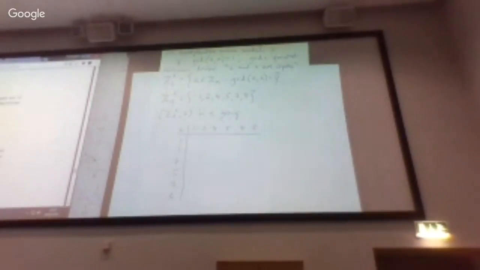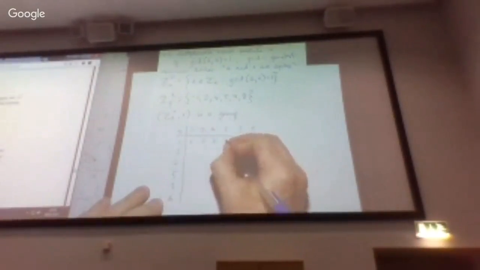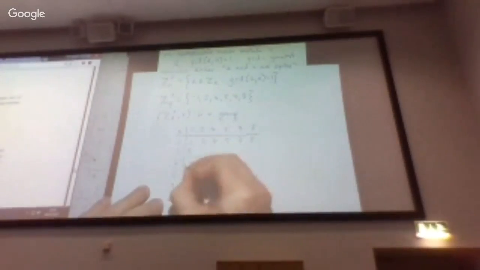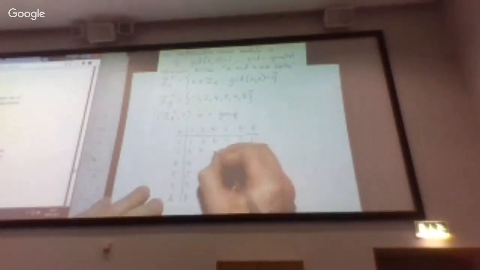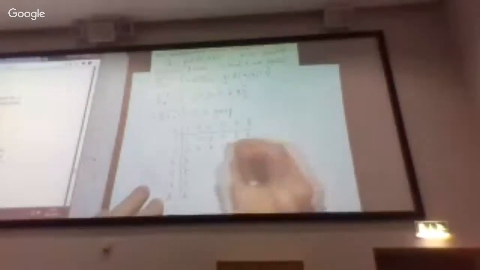You're multiplying together the two numbers, and if it's a large number, you're looking at the remainder after division by 9. Multiplying by 1 is easy, it doesn't change anything. Multiplying by 2 is relatively easy. 2 times 5 is 10, which is bigger than 9, so what am I going to put down for 2 times 5? 1, because 1 is the remainder.